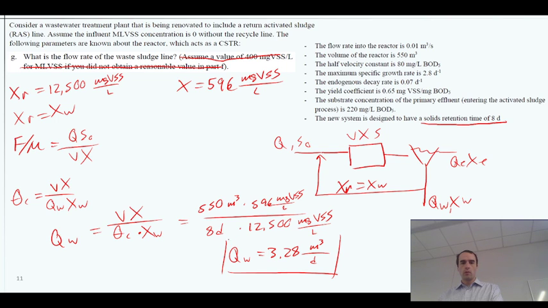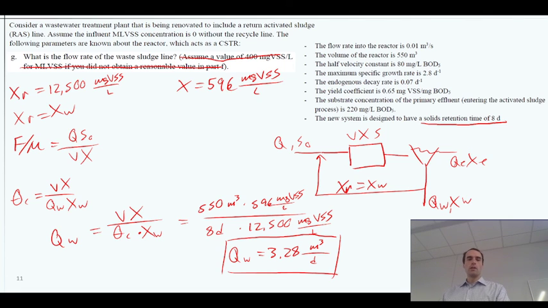So with a wastewater treatment plant that is processing almost 900 cubic meters per day of water, three to four of those cubic meters we're going to waste, essentially. Does that make sense? Any questions? No issues?